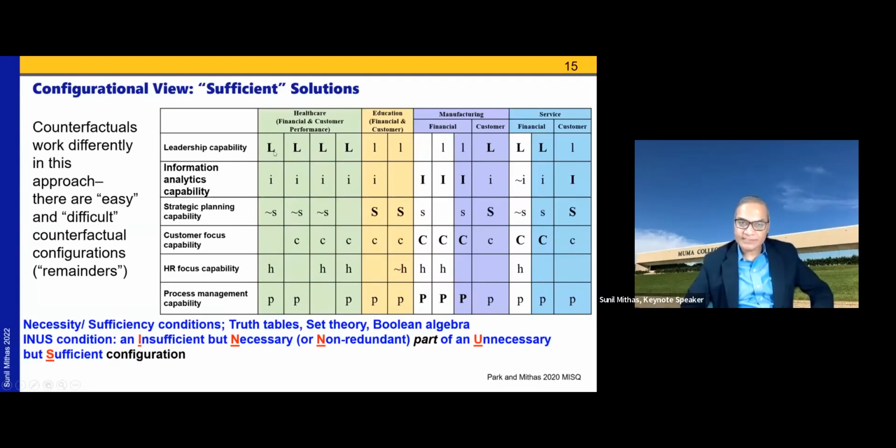For example, you notice in this configuration, I don't need customer focus, and yet I can have high financial and customer performance. Likewise, you don't need to have high HR capability in this configuration here. So the point I'm trying to make here is that this approach allows you to communicate with managers by talking about 4 different recipes for achieving high financial and customer performance.